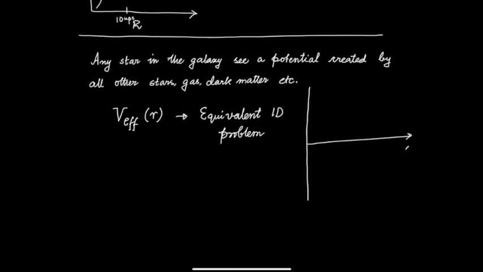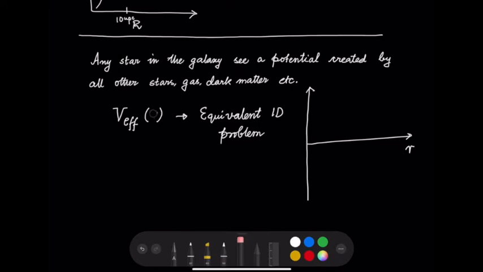So this is the radius R. Maybe I should use capital R here because that's what I used a little while back. And the potential, remember, depends on the actual gravitational potential and the specific angular momentum.